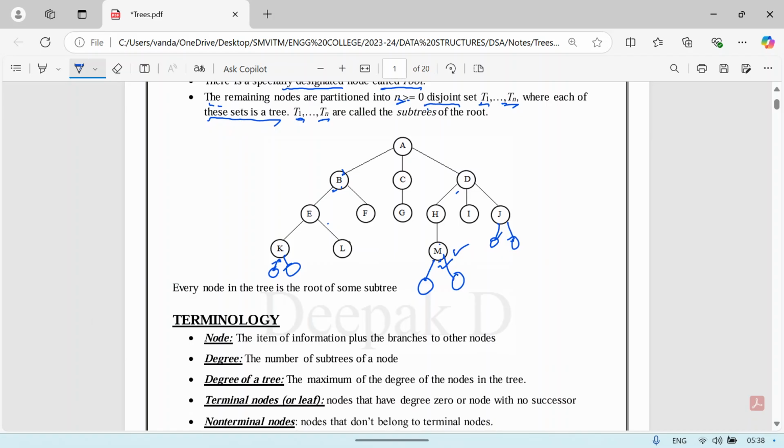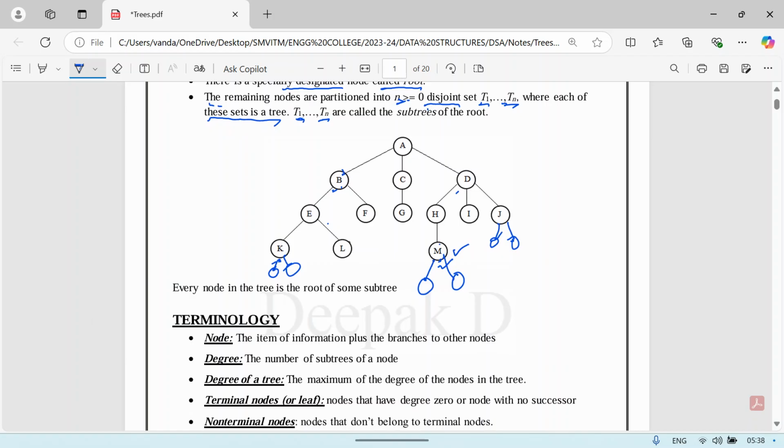What do you mean by non-terminal nodes? Terminal means no child nodes. So if they are not leaf nodes, if they are not terminal, then obviously they are non-terminal. For example, the nodes with at least one child. So I can say that C is non-terminal. All the internal nodes, A, B, C, D, E, H, these are non-terminal nodes.